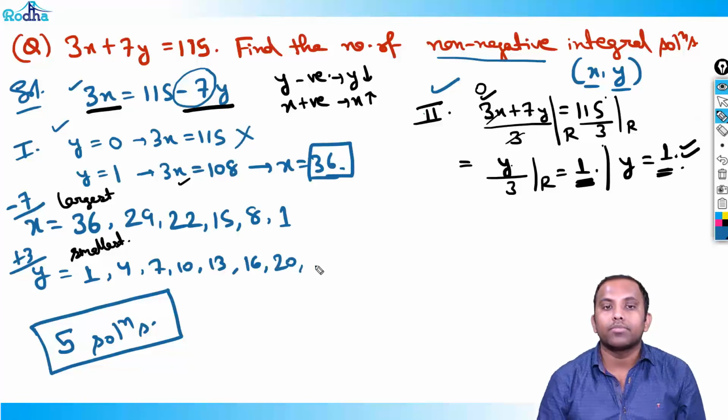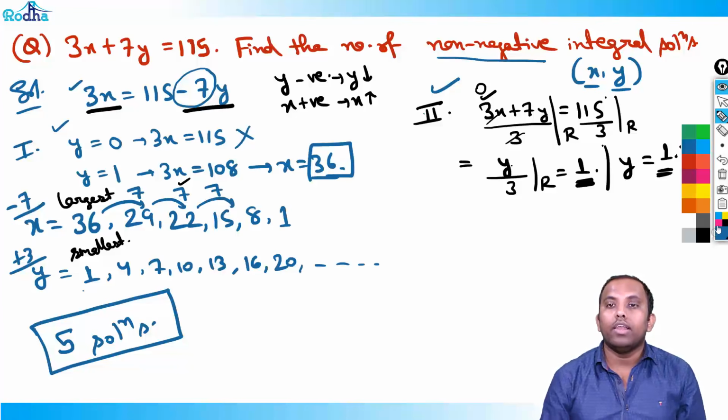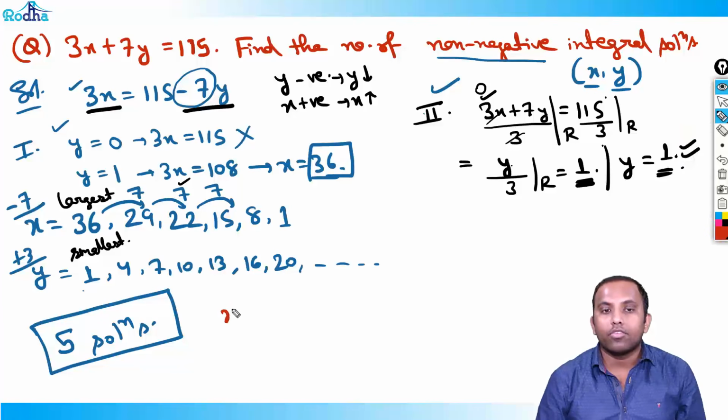So either you get the values of x or you get the values of y at the earliest. Since the value of x has got the larger common difference, 7 is the common difference here, x has the larger common difference.